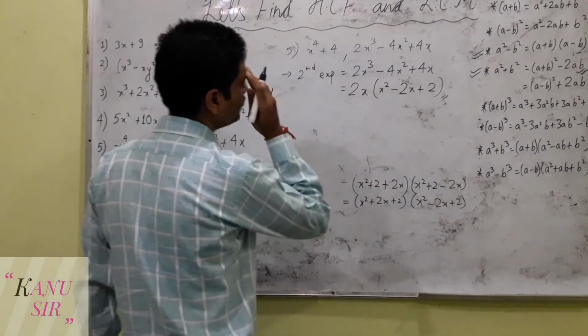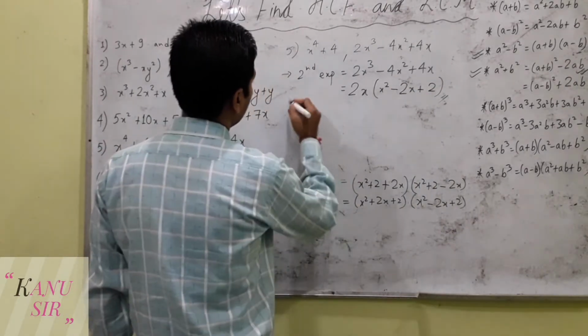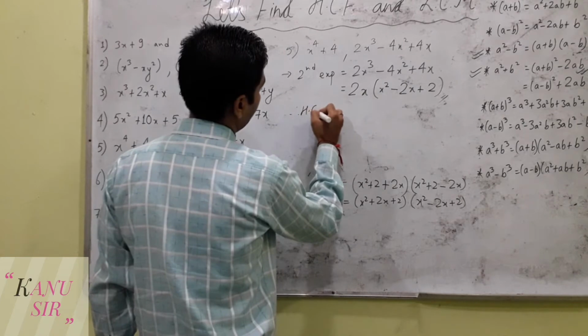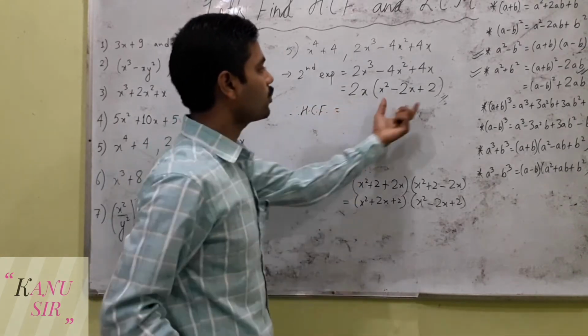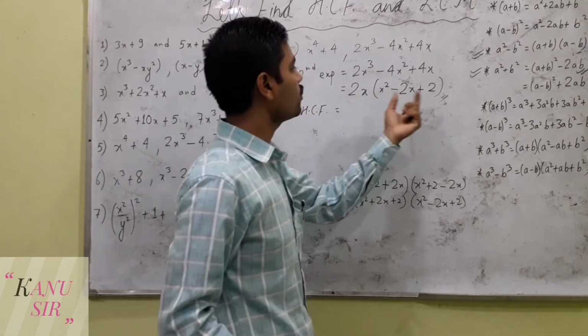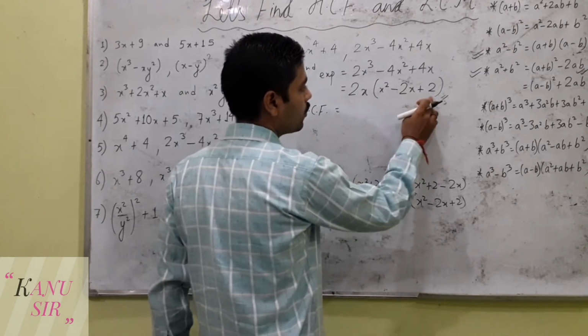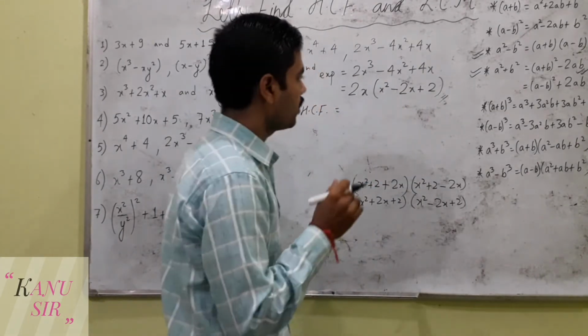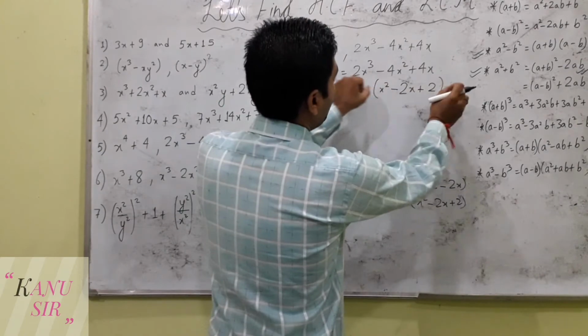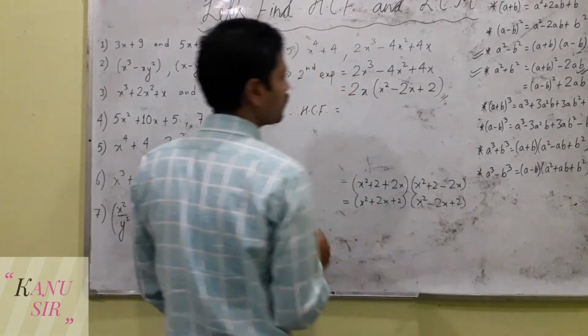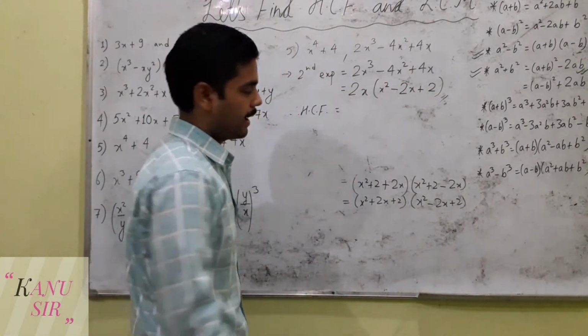After that, let us find the HCF. So how did we conclude this? Because we have checked that it will never go to the square form, and neither can it be broken down in a midterm form. So we have to conclude this as an answer.